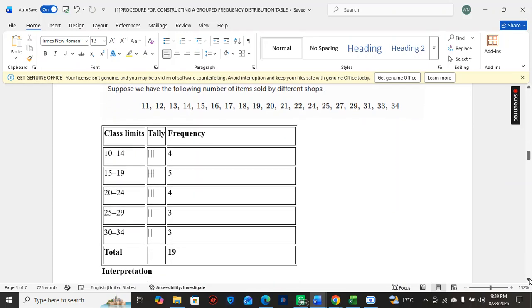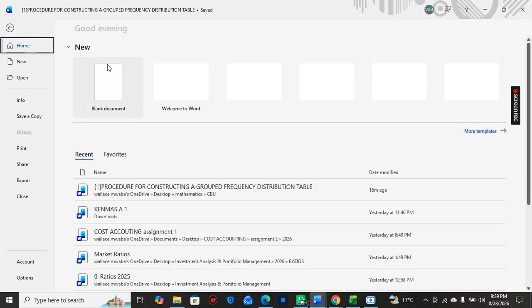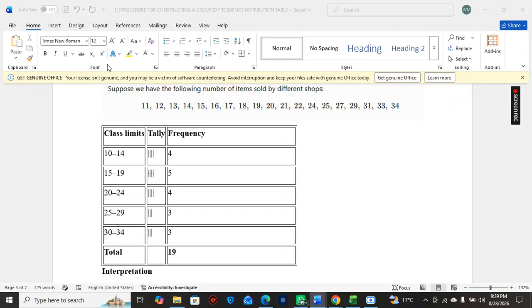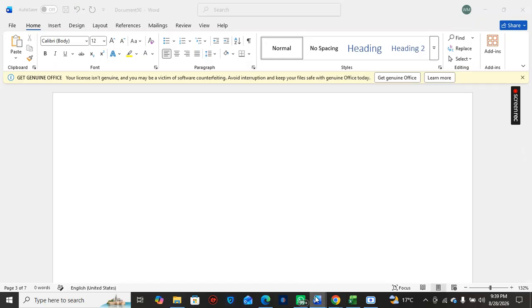Okay, then we make our frequency table. So let me just take this here so that I can make the histogram.